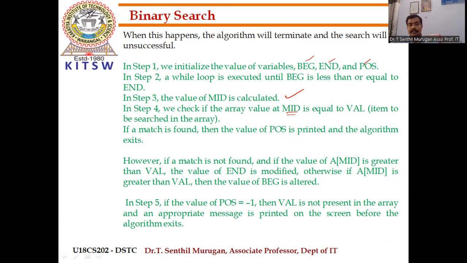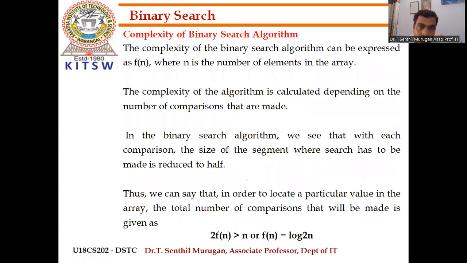If it is less than or greater than, we have to perform the operation again, the same step: split at the middle value. That middle value will be allocated, and from that point, before that point or after that point, we have to check whether the value is there or not. So finally, position equal to -1 means the value is not present. If the position is identified, the value is found.